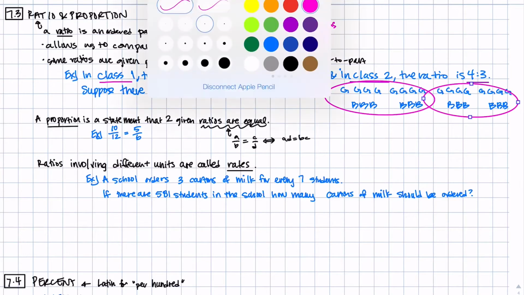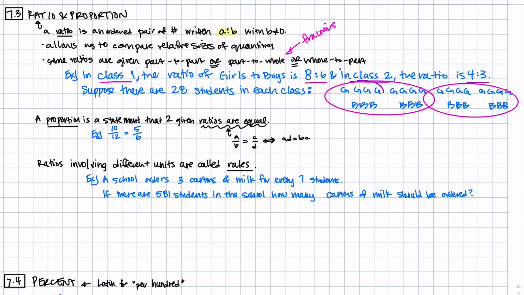In class 2, what I'm representing is 4 girls for every 3 boys. Since we have the same number of students, and we can see this breaks up the class the same, these proportions represent the same exact classroom, right? So this tells me that these are equivalent ratios and they're the same relative amount.